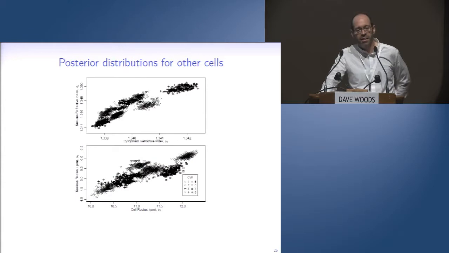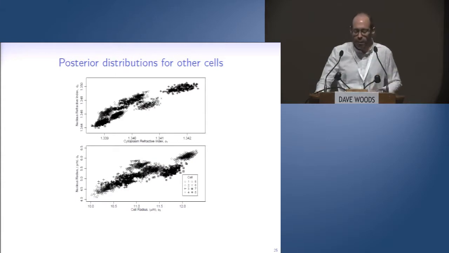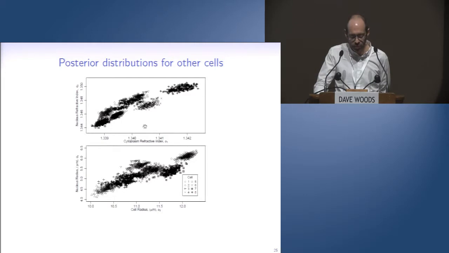And we can look at these things bivariately as well, because remember, one of the things we're interested in essentially is, can we tell these cells apart from each other? So here we have samples from the posterior distribution of the parameters plotted in 2 dimensions. So this is the 2 refractive indices for the cytoplasm and the nucleus, and these are our 8 different cells.